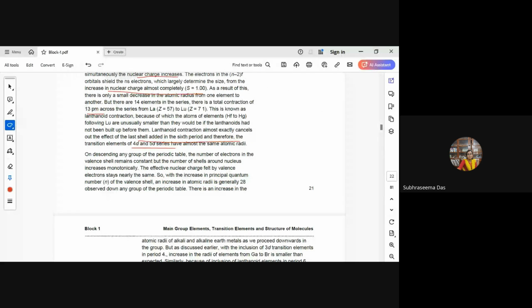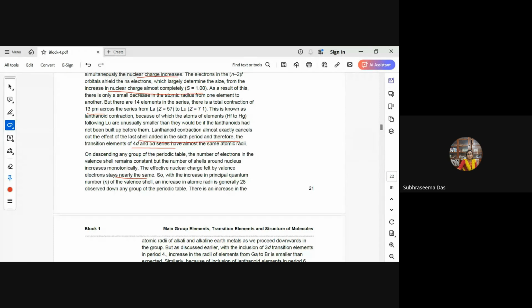Now when we go down any group in the periodic table, the number of electrons in the valence shell remains constant, but the number of shells, that is the principal quantum number, increases. So the effective nuclear charge felt by the valence electrons is nearly the same.